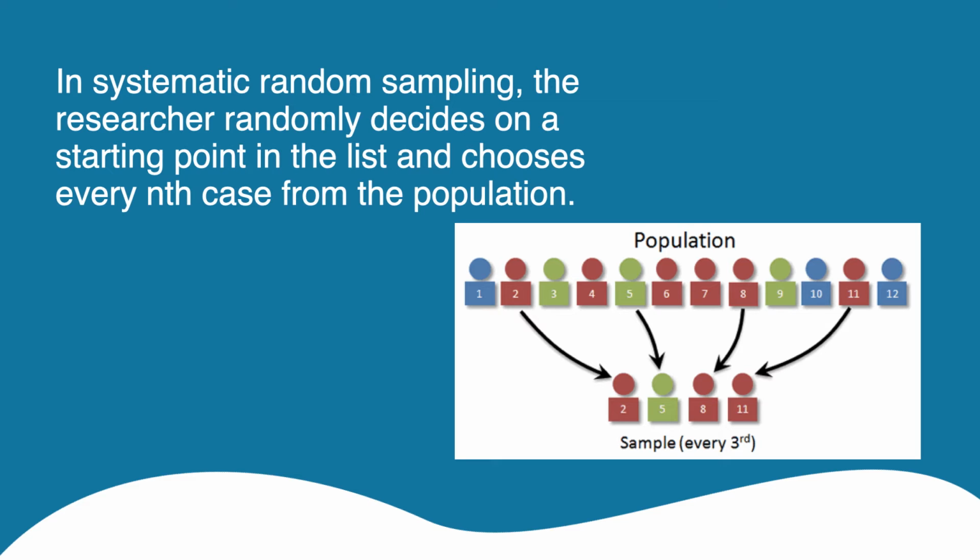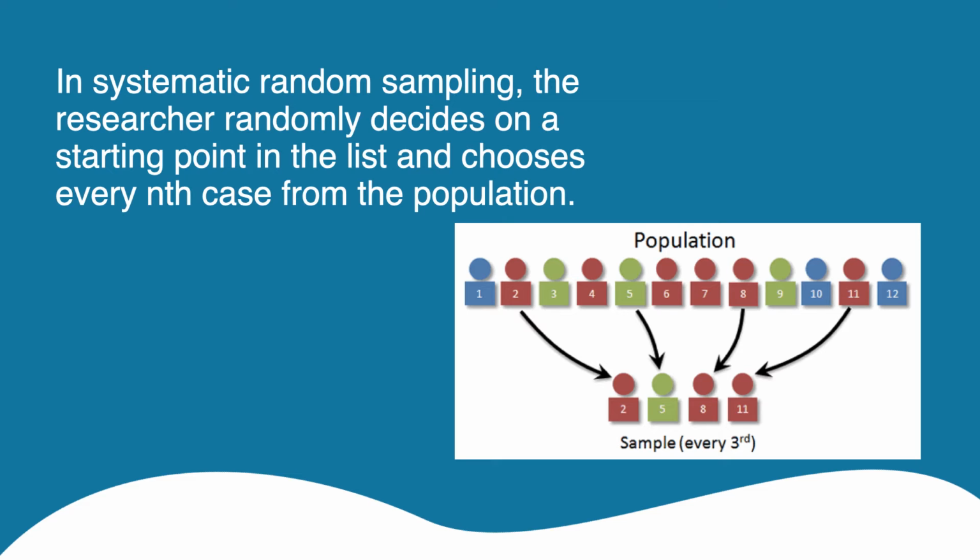Systematic sampling is similar to simple random sampling, but it is usually slightly easier to conduct. Every member of the population is listed with a number, but instead of randomly generating numbers, individuals are chosen at regular intervals. For example, all employees of the company are listed in alphabetical order.